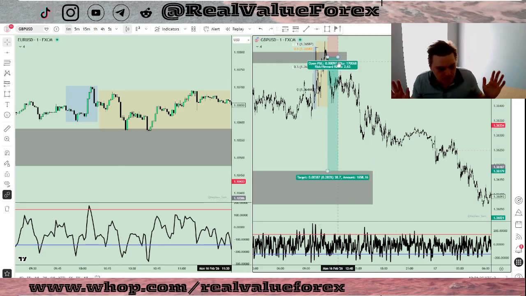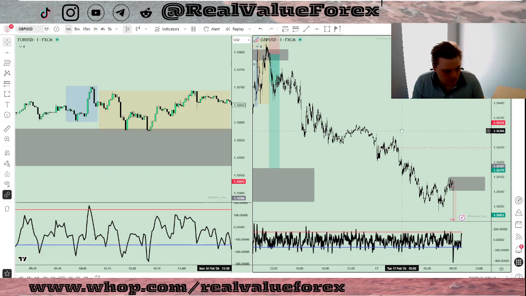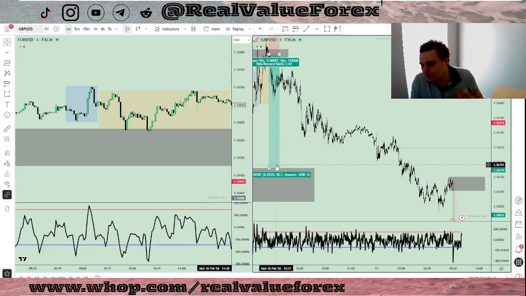Like I said, it wasn't a setup, but maybe on some better day that would have been the setup for us. And you can see we take profit 1 really fast, we put the stop loss to break even, and we let it run, and basically the whole day it ran, and yeah, 38 pips.